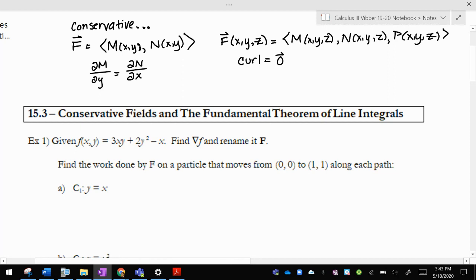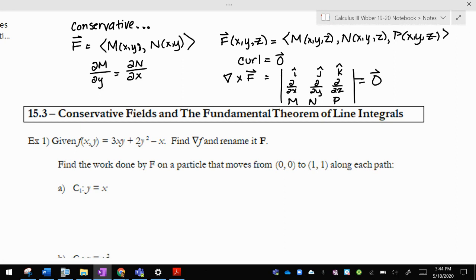So wait a second, how do I get curl? Curl is where you do gradient crossed with the vector field. In other words, when you evaluate this determinant, and it's been a while, if this thing equals the zero vector, then you can say that that's conservative.